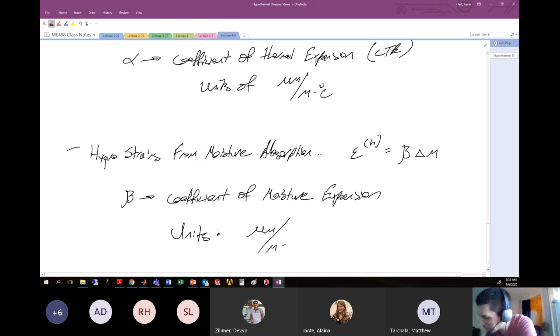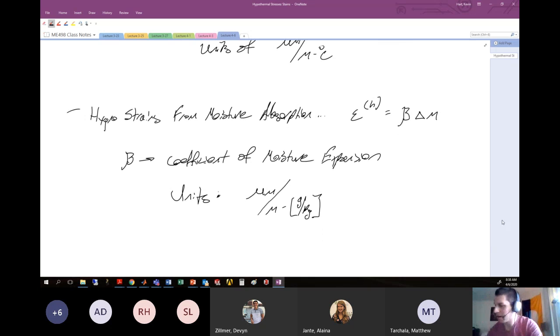So it's usually micrometers per meter per gram per kilogram. Very strange looking units. You have to think about this as how many micrometers does 1 meter of my material expand if that material weighs 1 kilogram and it has absorbed 1 gram of moisture. Okay, complicated, I know.